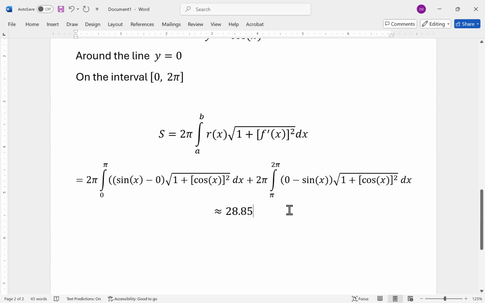So that's what you should do if you're trying to get an approximation. Now we have 28.85 as the surface area of that figure.